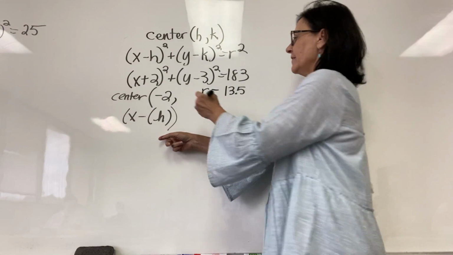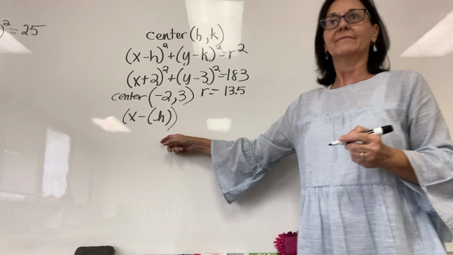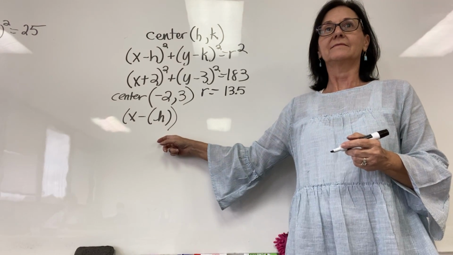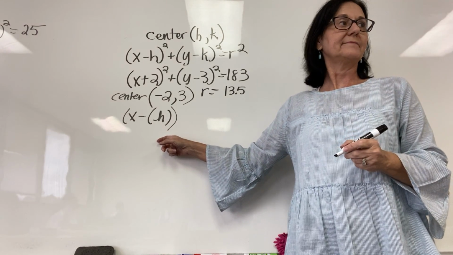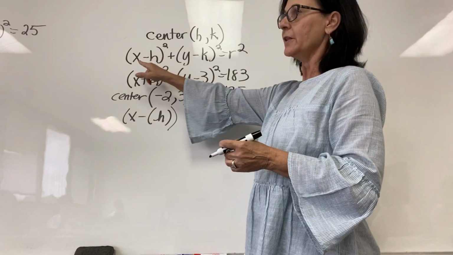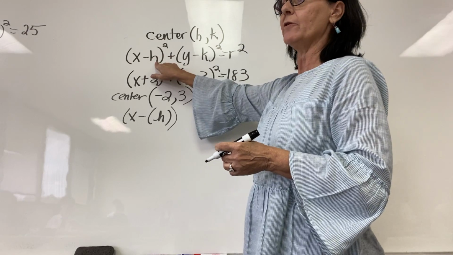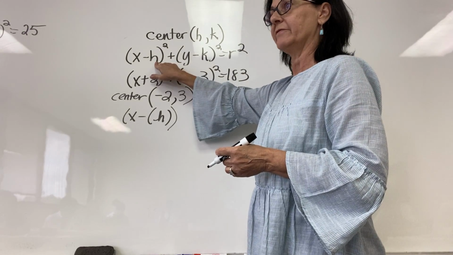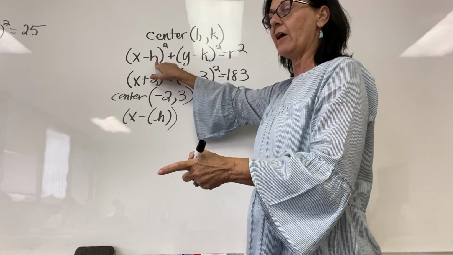Why does it have to do that? It's the opposite. Because the formula is x minus the value of h. H is not negative. It's x minus the value of h.